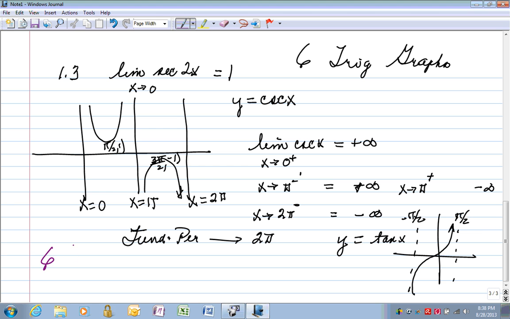There are 6 trig graphs. You have a grade in pre-cal. You didn't take your final. Missed a good one. You need to know the 6 trig graphs and their periods.